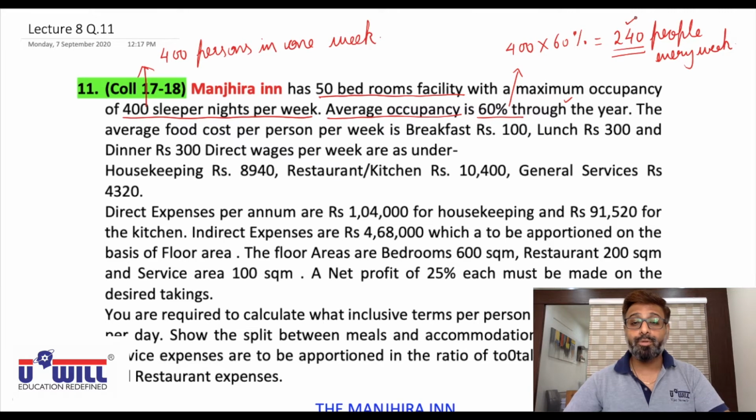The average food cost per person per week, I repeat, per week, is breakfast 100, lunch 300, dinner 300. 100 plus 300, 400 plus 300, 700 is the food cost, but per week.